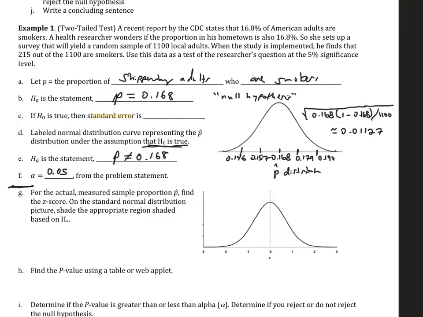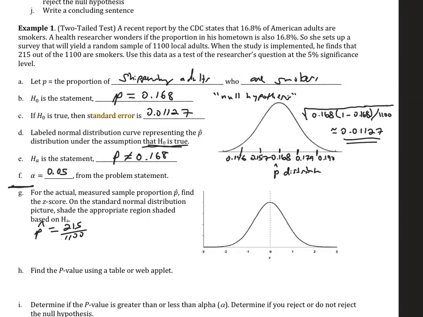Okay, so my part G is to draw a picture of what happens when I really do collect some data. Up until G, I haven't actually thought about what the data says. Oh, I didn't write this in the right place. So this 0.1127 goes here. I didn't mean to fill in the blanks as I went. Okay. So the real p-hat that I have in this problem is 215 out of 1,100.